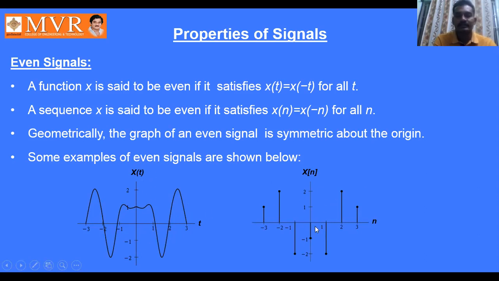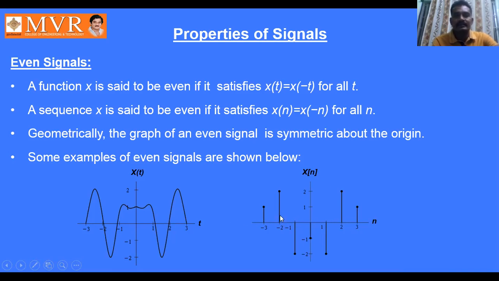Coming to the discrete time signal, x of n is represented from 0 to n like this, and this is minus infinity to 0, the mirror image of x of n. So x of n and x of minus n are both equal, and then the entire x of n is called an even signal. Like this, we have even signals for both signal and sequence.